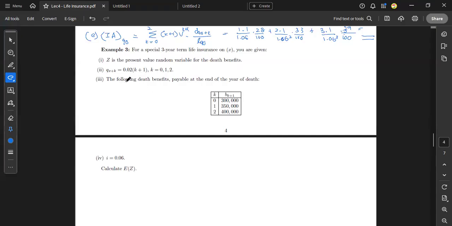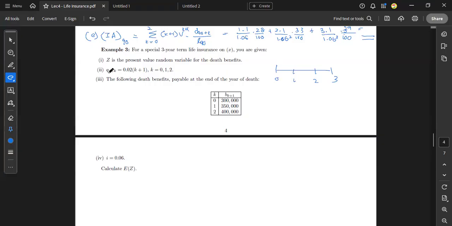Now we know that it's term life, so the death benefit is paid in between 0 and 1, 2, and 3. If the death occurs in this window, we can expect a benefit payment. And the death probabilities are given in here.